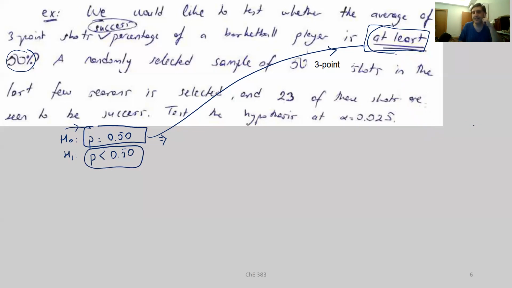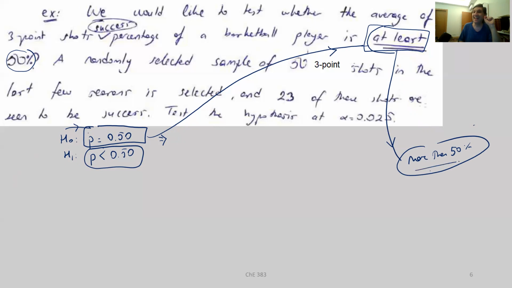On the other hand, if instead of "at least" it said "more than 50%"... Note that there is only a very slight difference between "at least 50%" and "more than 50%". That's a very subtle thing, but that makes the whole architecture of the hypothesis test different.